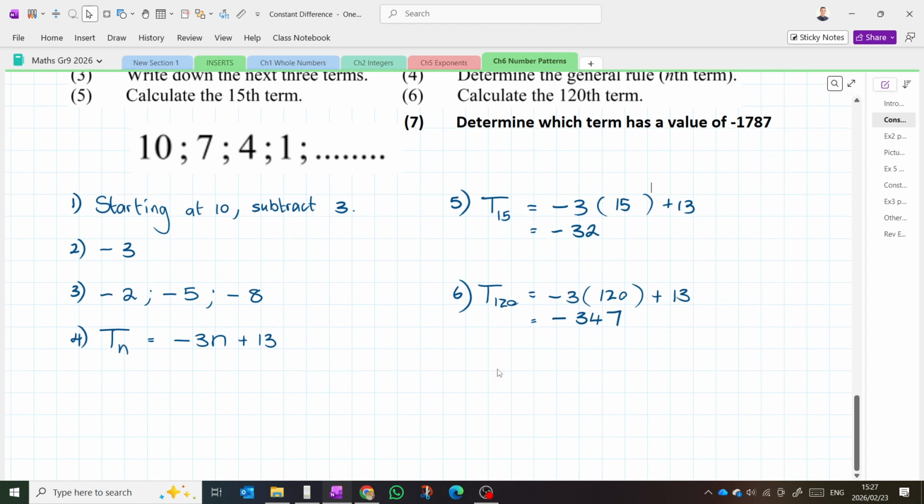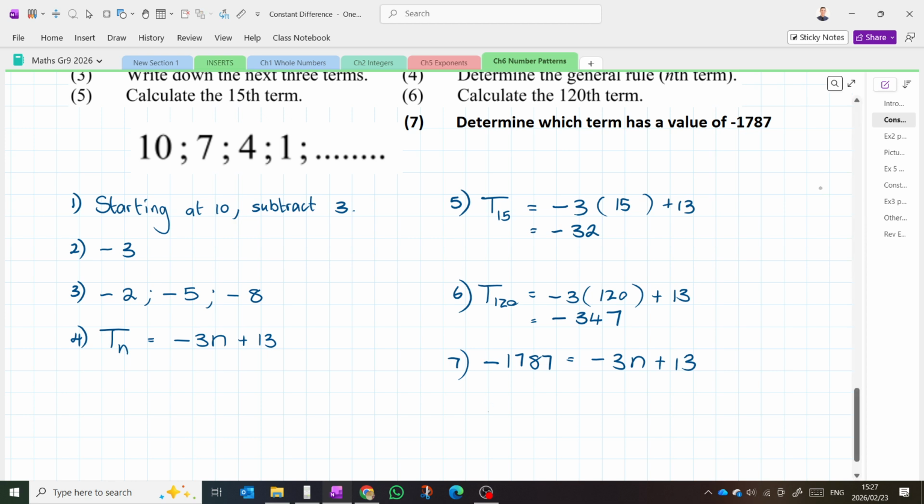So let's see how we would solve that. Again, that is working backwards. So we're going to take that value, negative 1787, and we're going to set it equal to our general solution. Right, 13 is going to go across. It is a positive 13, so when it goes across, we're going to subtract it.